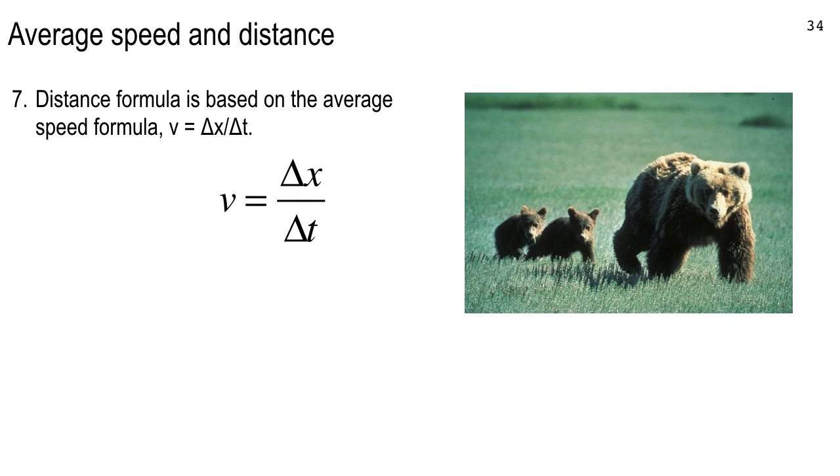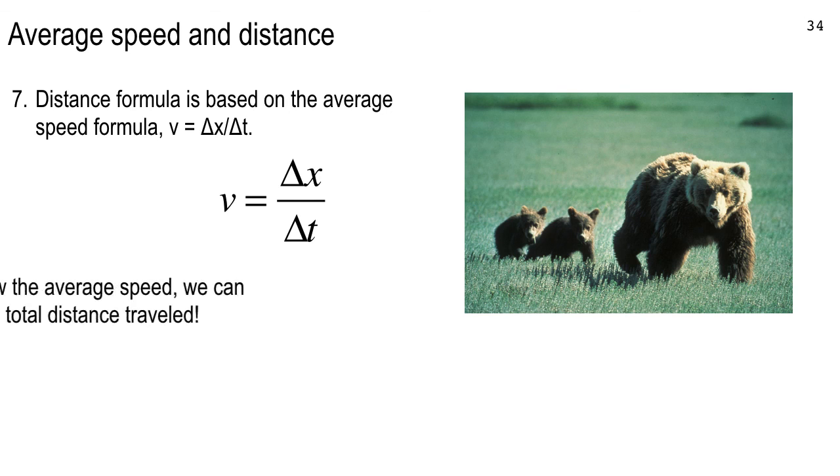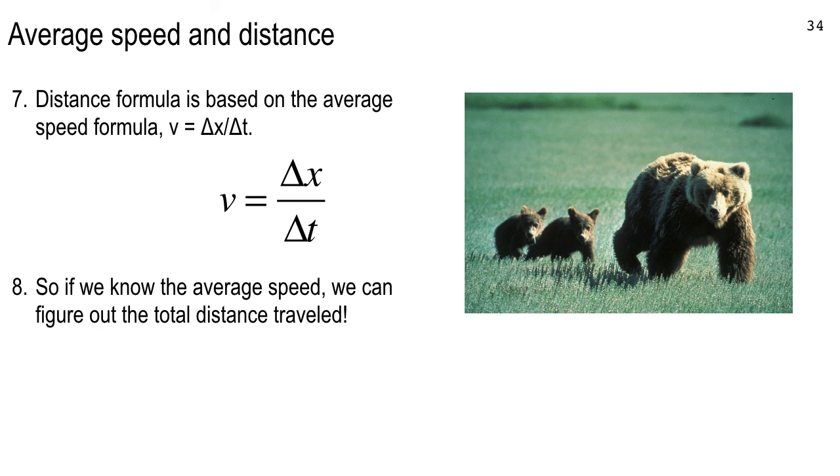All right. Now the distance formula is based on this. So here's the velocity formula, average velocity or average speed, delta x over delta t. Now the distance you go is delta x. So if you cross multiply, you can figure out the distance traveled.